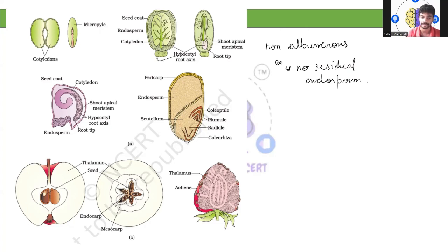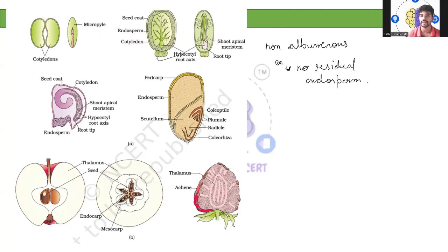Like wheat, maize, and barley, you will see this. In that way, this endosperm has been consumed completely during the embryonic development.